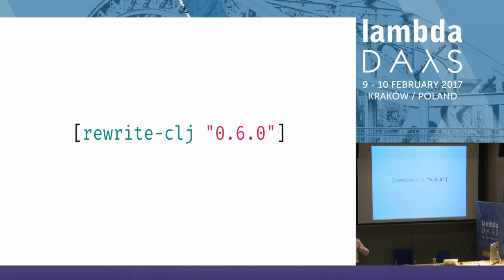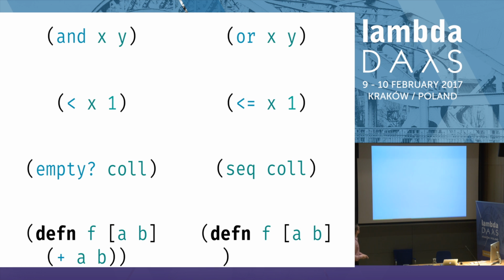I'm using this library to process our Clojure files and generate some invalid variations of your code. For example, if I run into an AND expression in your code, I might turn it into an OR. If I see a less-than check, I might turn it into a less-or-equal. Given the empty predicate, I might try to turn it into a seq, which is a negation in a Boolean context.